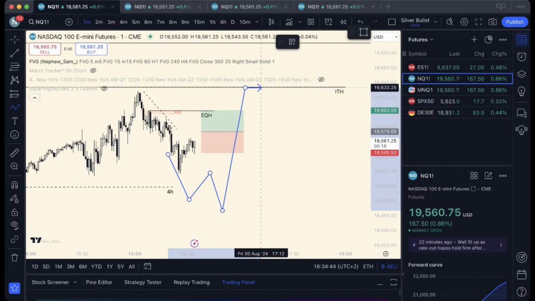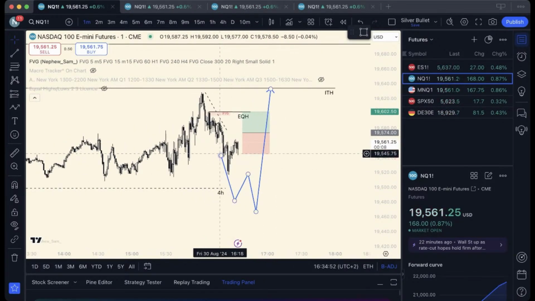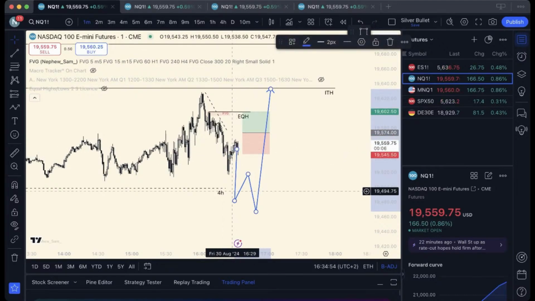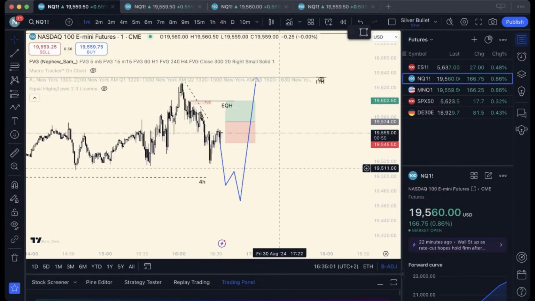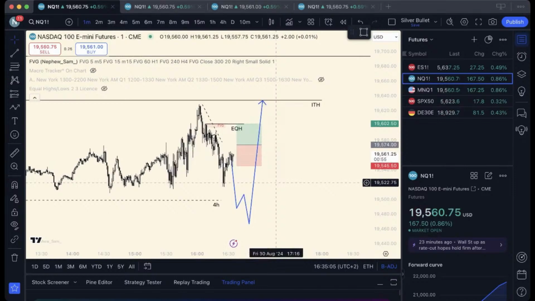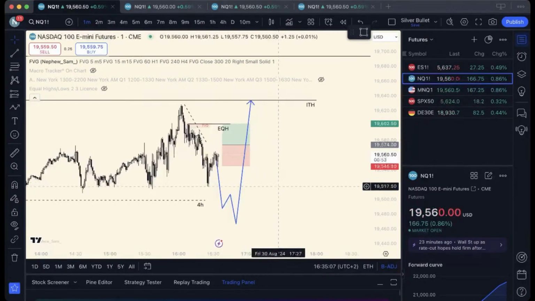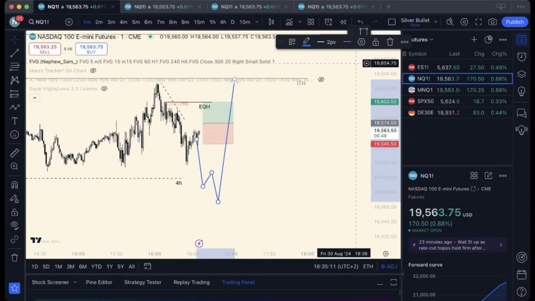So this would be my preferred way, and then we get the inversion around here. And then we can go break even at the internal high. This would be the A plus setup for the day, I think, after the data high setup.